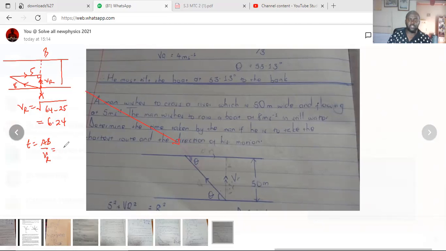But AB is the width of the river, which was 50 meters, divided by the resultant velocity. The resultant velocity is what? 6.24 meters per second. So this is divided by 6.24.